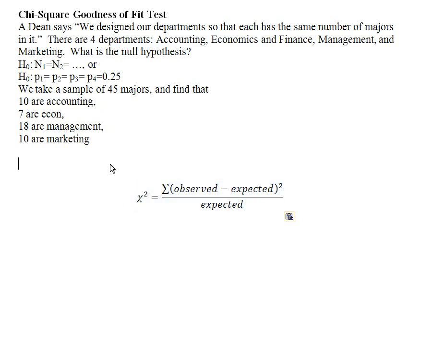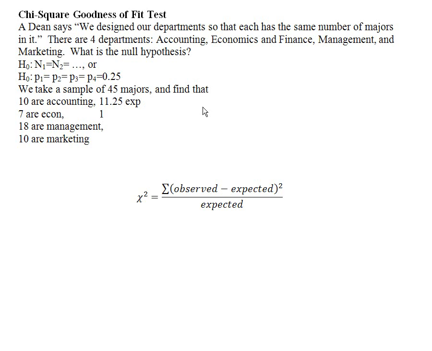So what are we going to do? Well, we actually had 10 observed accounting majors in our data versus how many expected out of 45? Well, it should be 25% if they're all equal. So take our 0.25 times 45, and you get 11.25 is what we would expect there. So 11.25 expected. We had 7 econ. How many would be expected if they're all 0.25 in proportion?